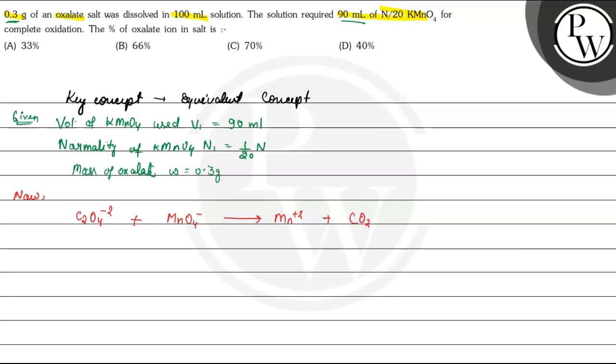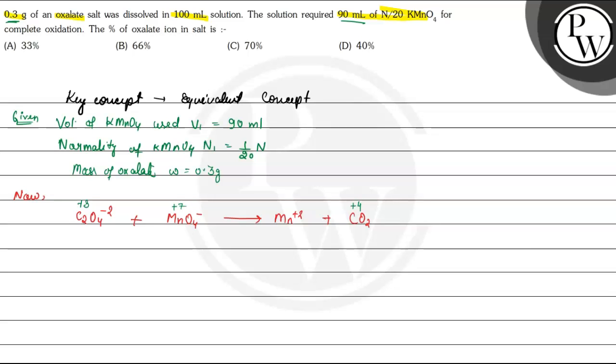Now if we see the oxidation state of carbon and manganese, the oxidation state of carbon in oxalate is plus 3, and of Mn is plus 7. In the products, the oxidation state of Mn is plus 2 and of carbon is plus 4.